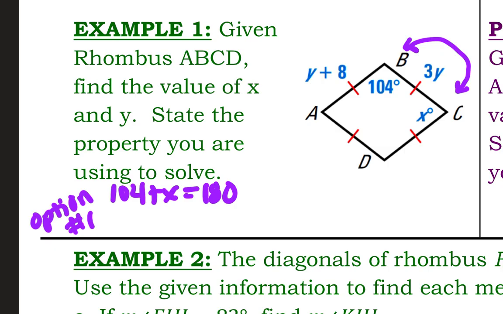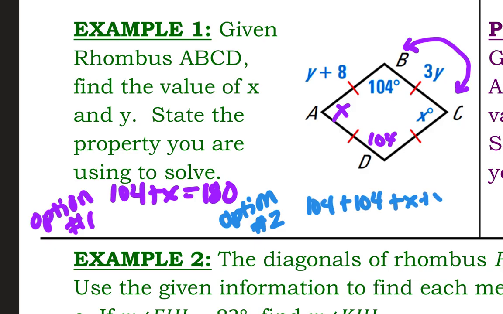So if you know this is 104 and this one's x, what could you do with all your angles? Add them all up and set it equal to 360. So you could do 104 plus 104 plus x should equal 360 degrees.